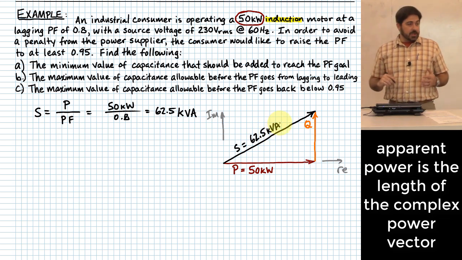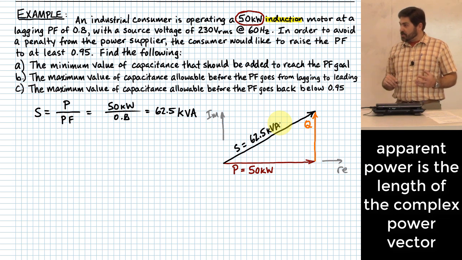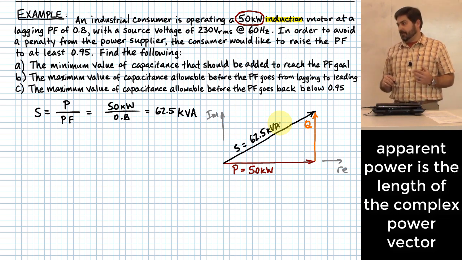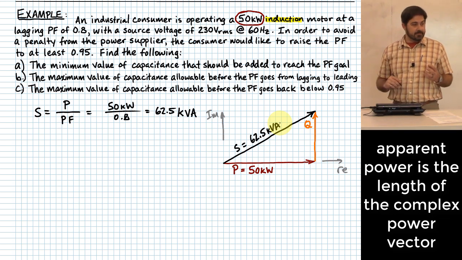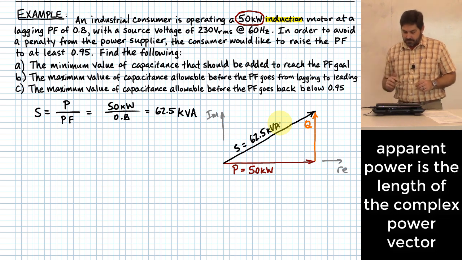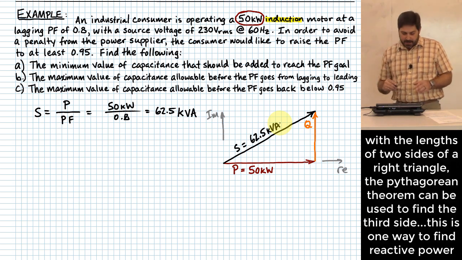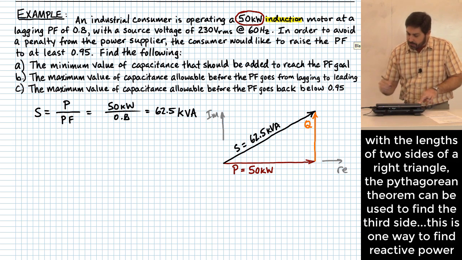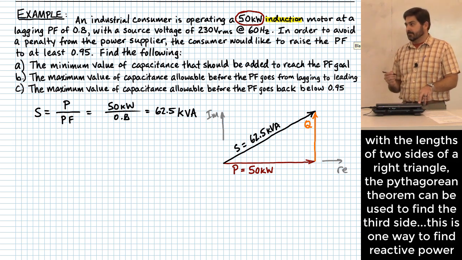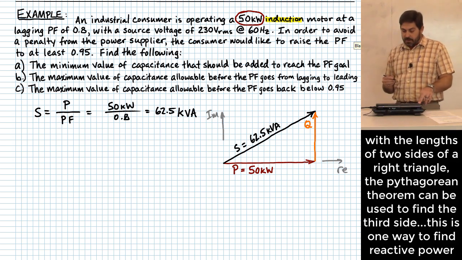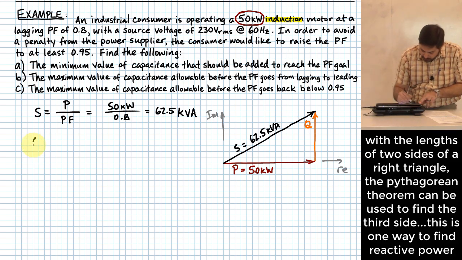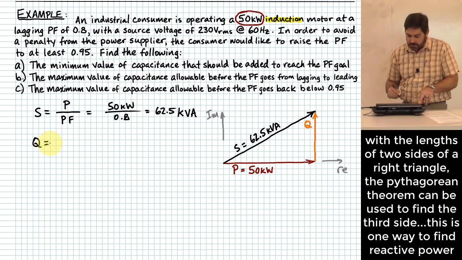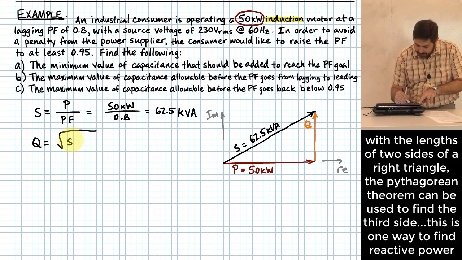That's not exactly what we needed in order to do our power factor correction just yet, but it might be handy. Why might it be handy? I'm going to show you. We know the Pythagorean theorem, right? The Pythagorean theorem says that Q is going to have to be equal to the square root of S squared minus P squared.